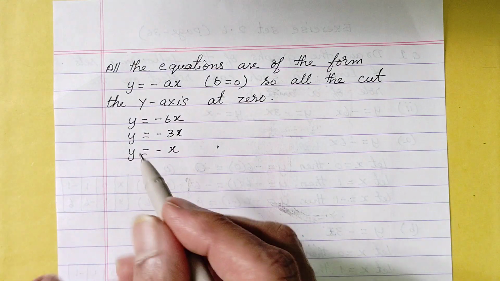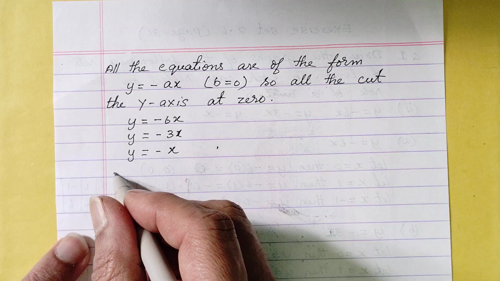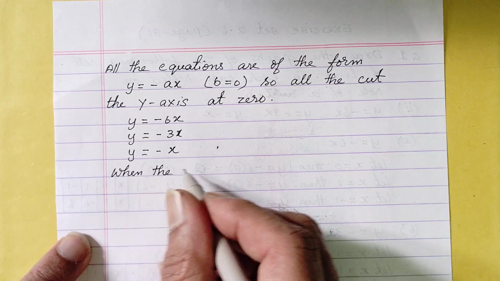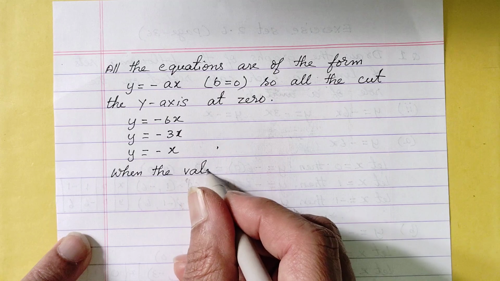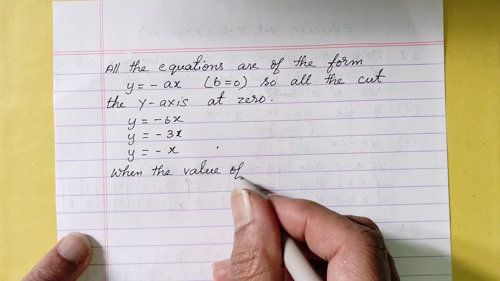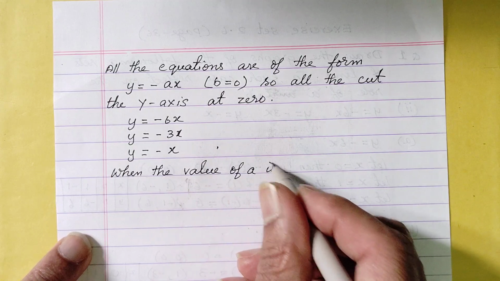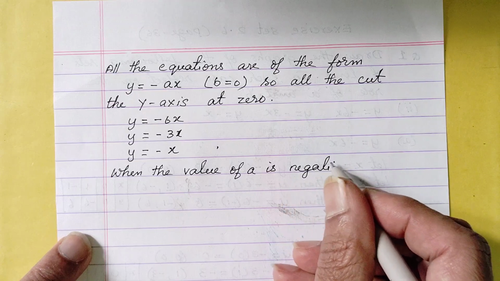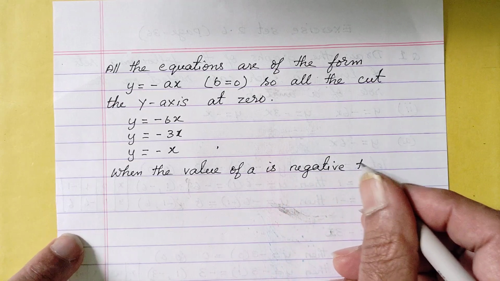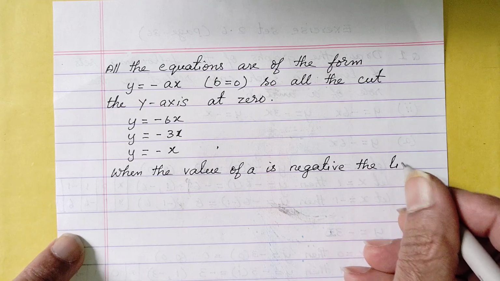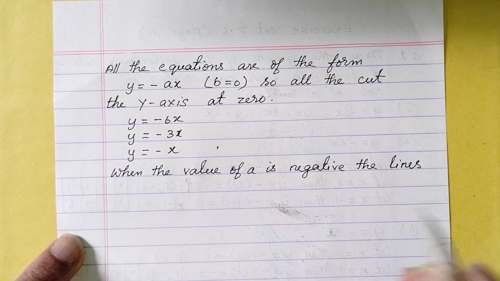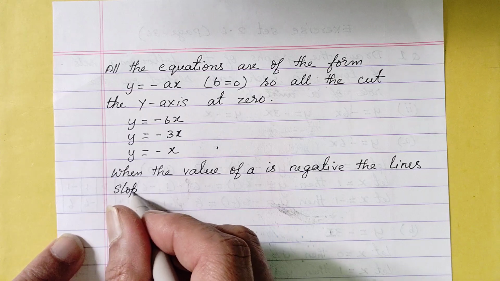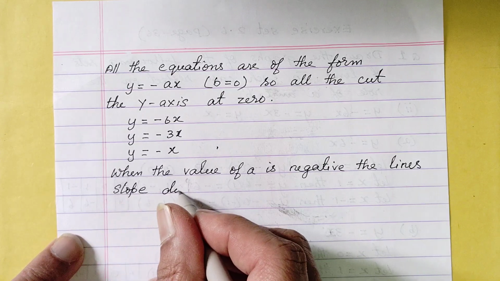So when the value of a is negative, the lines slope downwards.